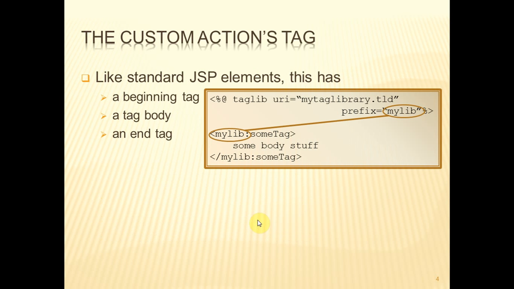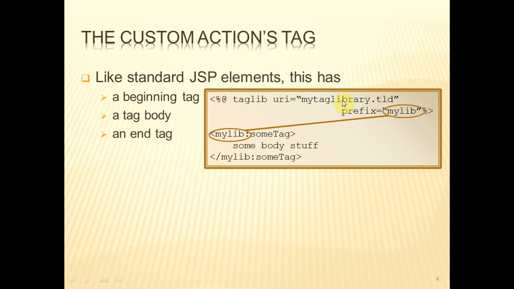We have in the JavaServer page, first of all up here, a taglib, which is a directive. One of the three directives that we just haven't looked at yet because the time wasn't right. Today's the day. So we have in this taglib directive a URI, which is the address of the tag library descriptor.